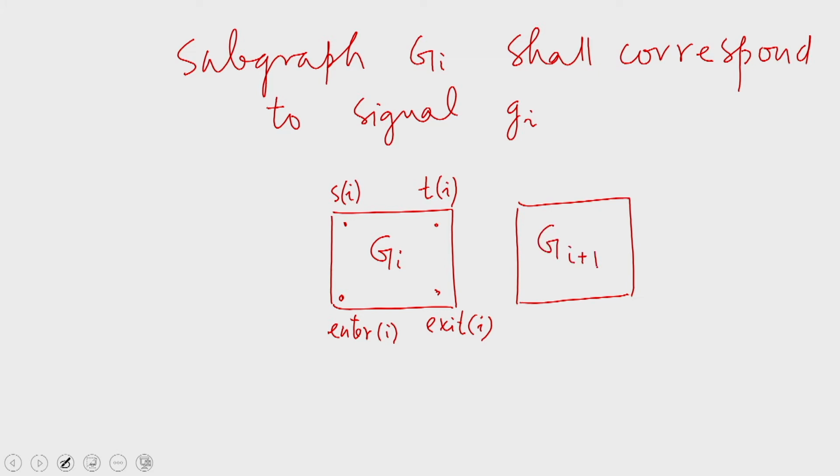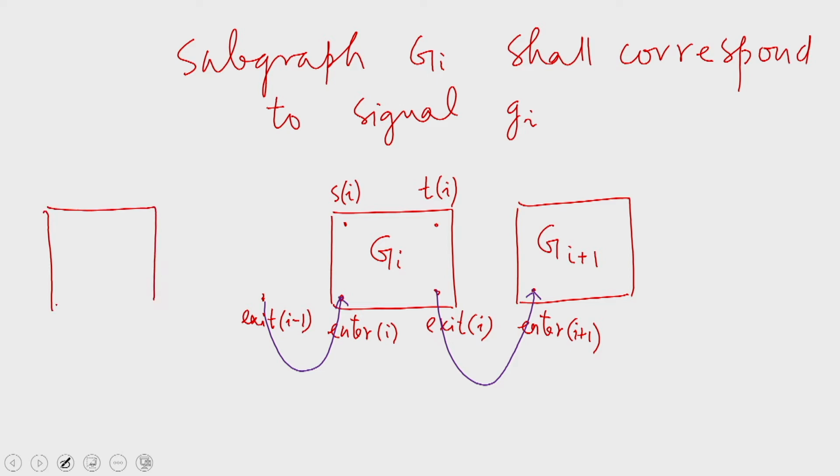If this is Gi plus 1, Gi plus 1 will have enter i plus 1. We shall have a directed connection from exit of i to enter of i plus 1. There shall be a connection of this form. Similarly, enter i will have an edge coming into it from exit i minus 1. Exit i minus 1 will belong to the subgraph Gi minus 1.